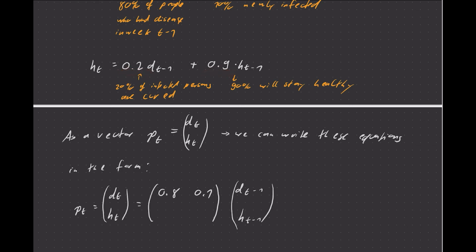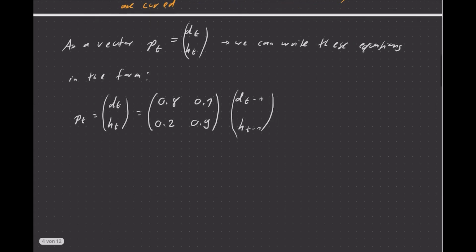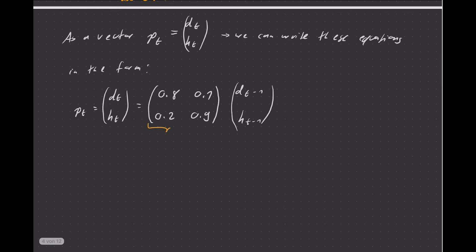So that is 0.2 and 0.9. And if we call this matrix A, then what we have here is A times p_{t-1}. Or as a summary, p_t equals A times p_{t-1}.